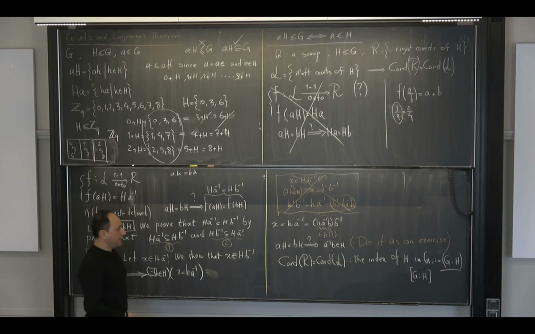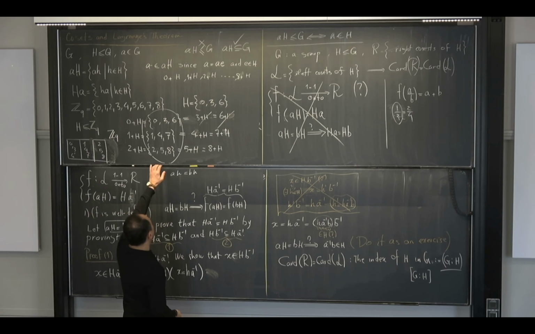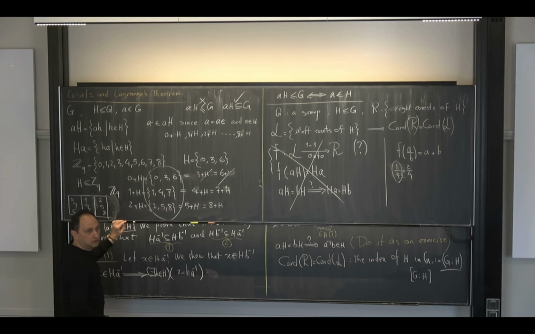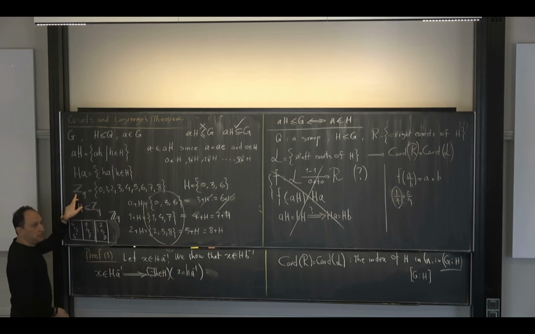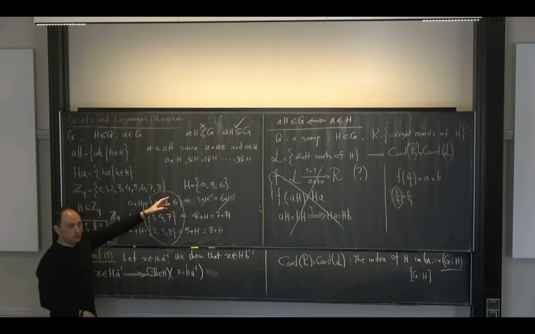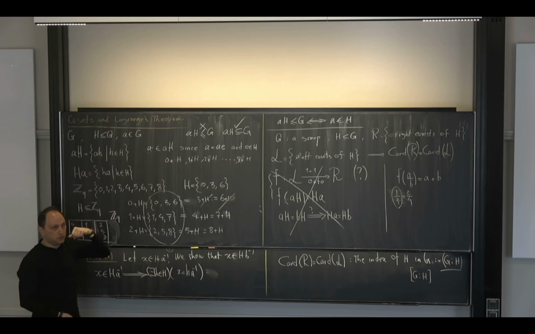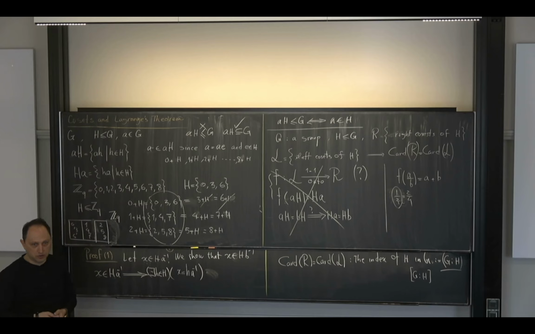So it means that if I ask you, for example, can you tell me what is the index of H here? This one is Z9, and this is H. If I ask you what is the index of this subgroup, you should count the number of left cosets, which is the same as the number of right cosets. That number is called the index of your subgroup.